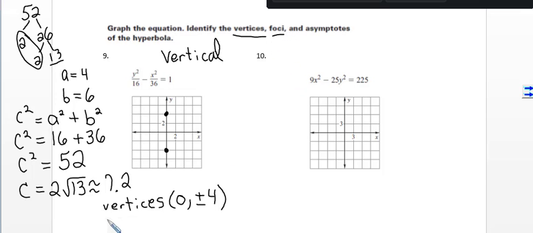Your foci, they're going to be on the same axis as your vertices. So 0, plus and minus 2 square root of 13, which is approximately 7.2. So 2, 4, 6, 7.2, and 2, 4, 6, 7.2.